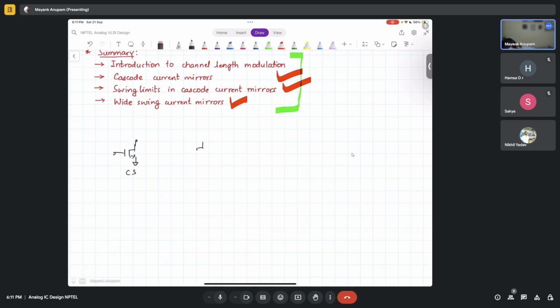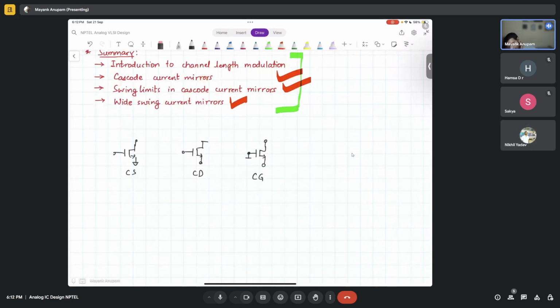Then there is common drain, where the terminals are like this. And then there is common gate, where you have this thing here and this thing here. These three you have.